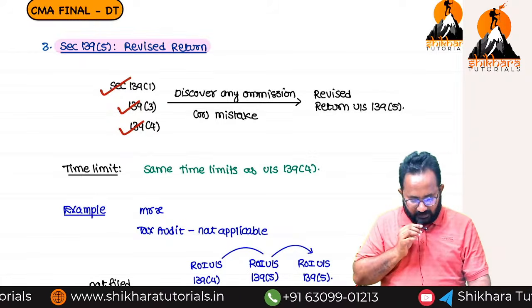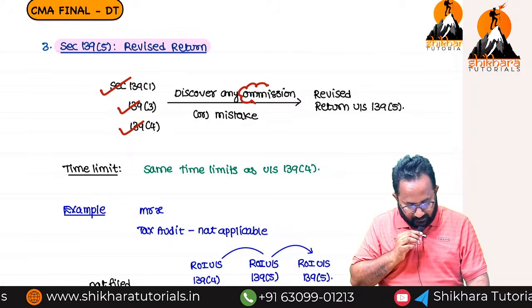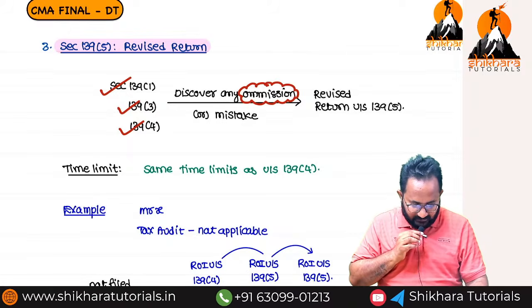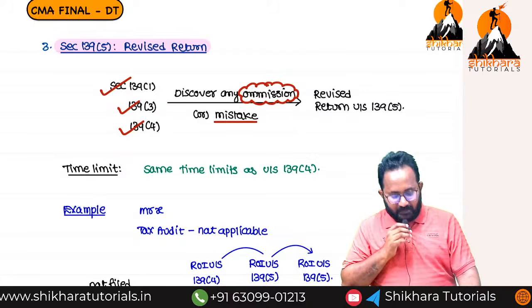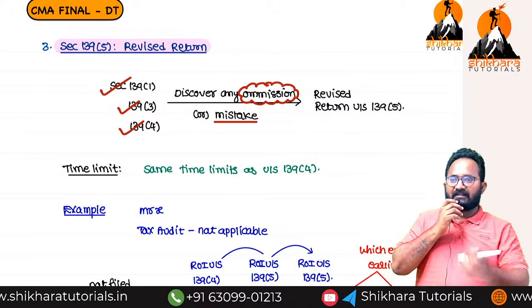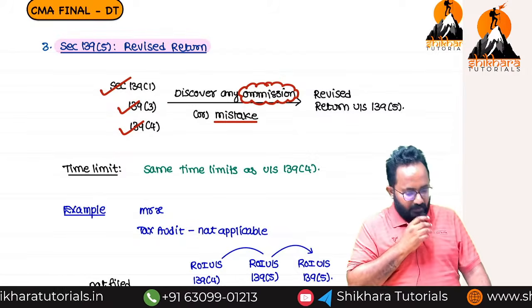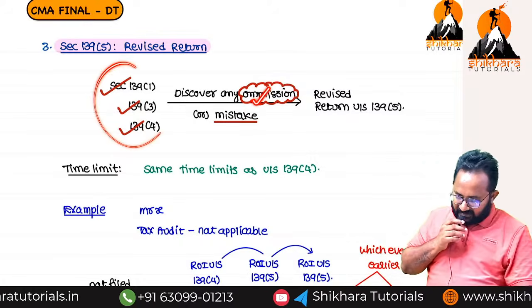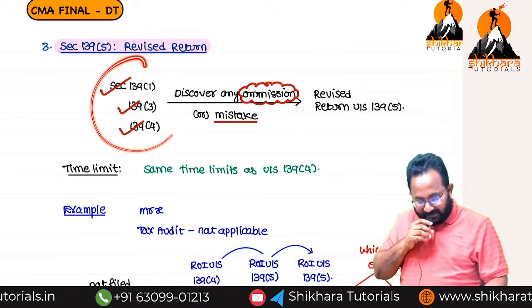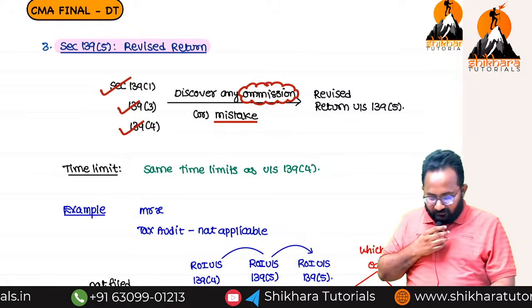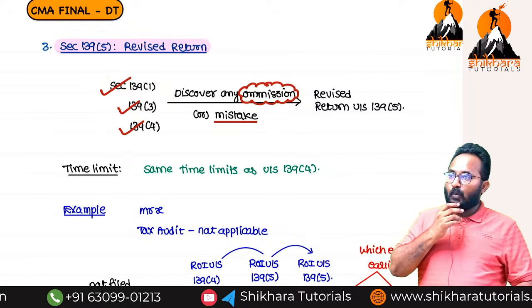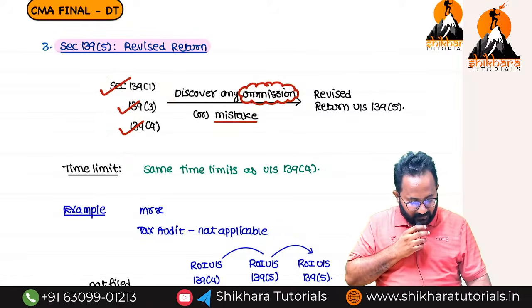Within that, we found some mistakes, or we discovered some omission of expenditures or income. We ignored some incomes or some expenditures in this return, or if any mistake is done, now you have a chance to file the what return?